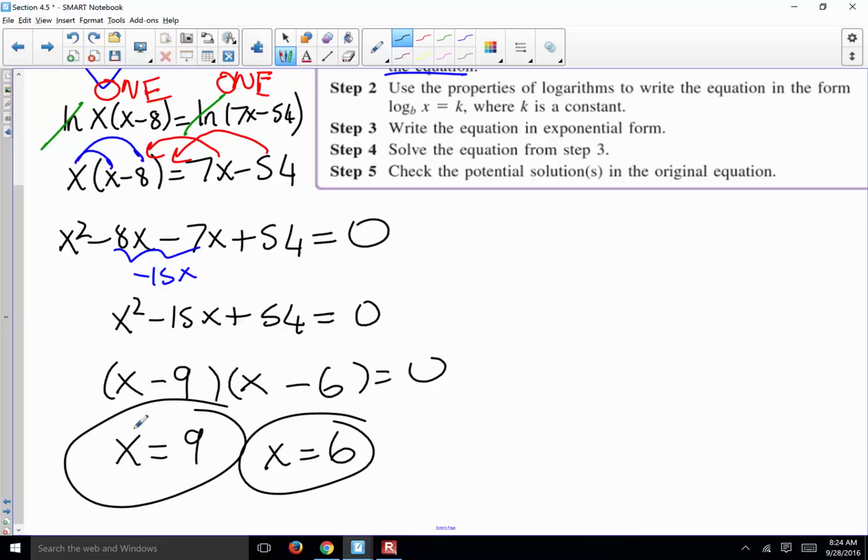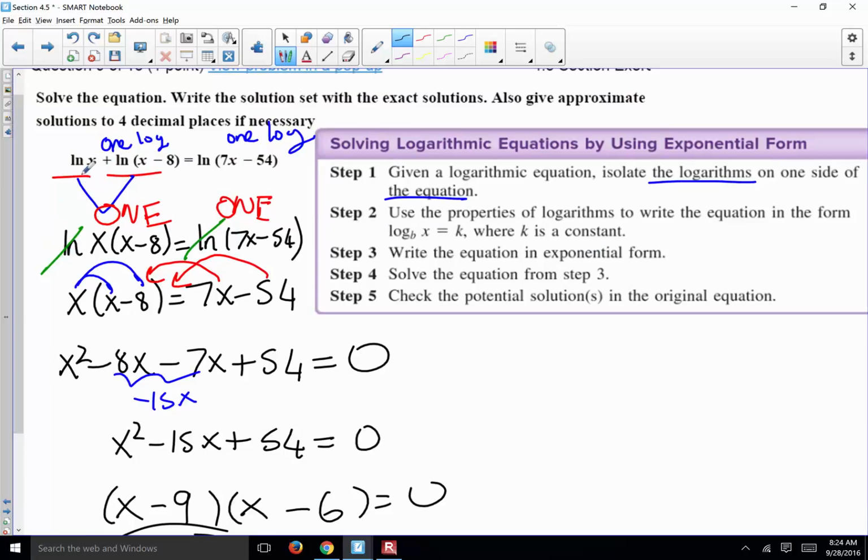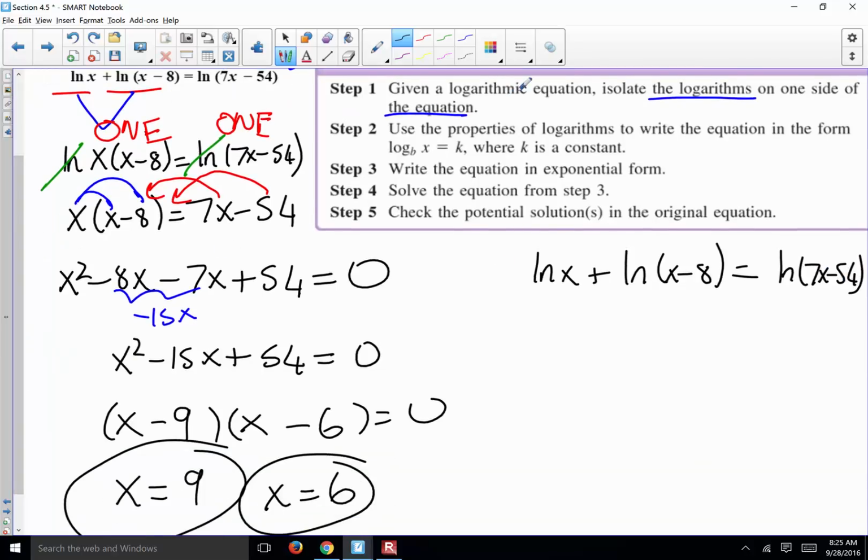Alright, validity check. I need to check whether these answers gonna work in these. And as I told you earlier, some of them may make my function sick or broken. They are not in the domain. Look, enter here 6. Does it work?